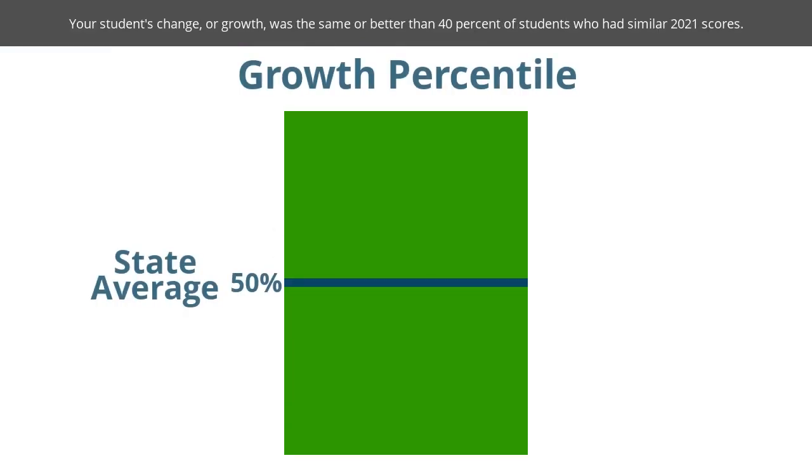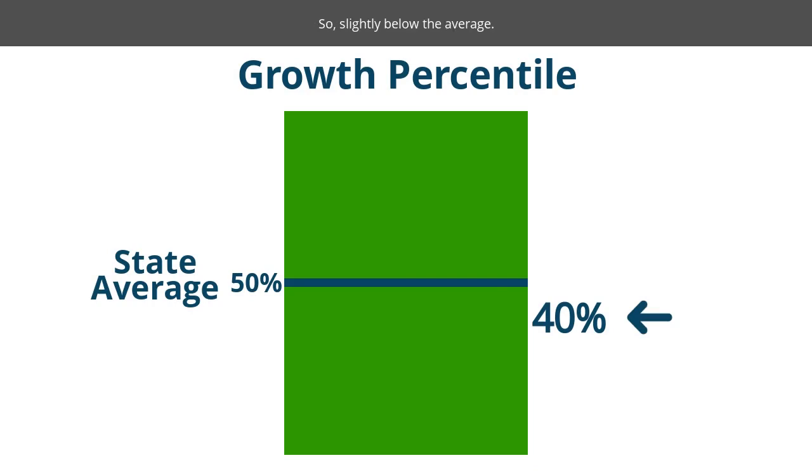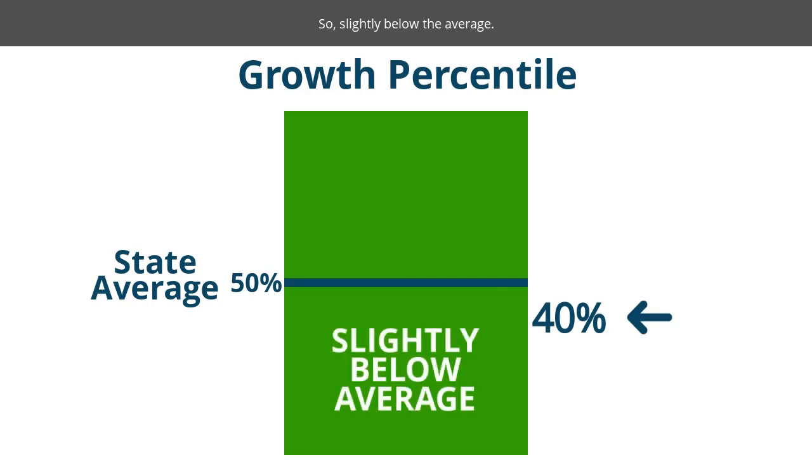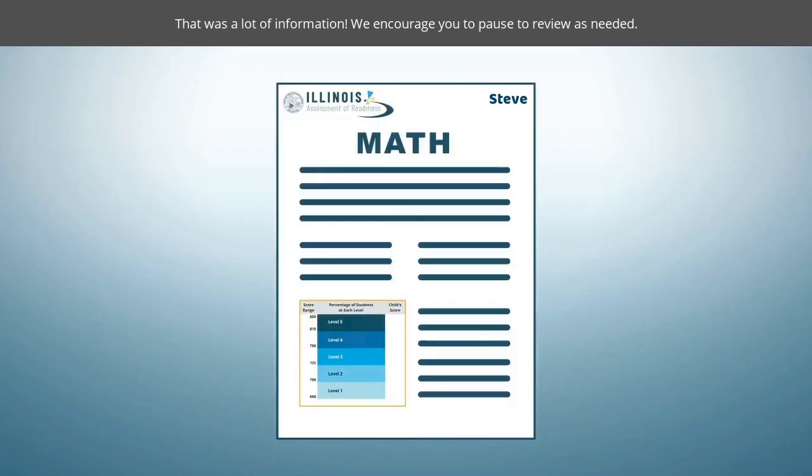Your students' change or growth was the same or better than 40% of students who had similar 2021 scores. So, slightly below the average. That was a lot of information. We encourage you to pause to review as needed.